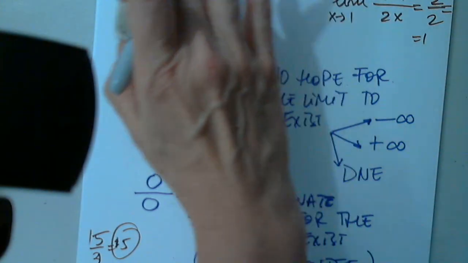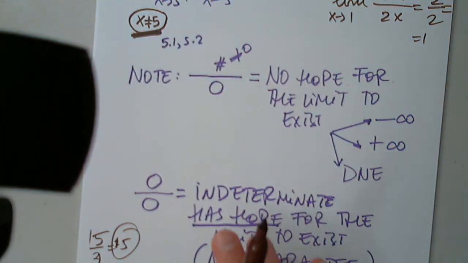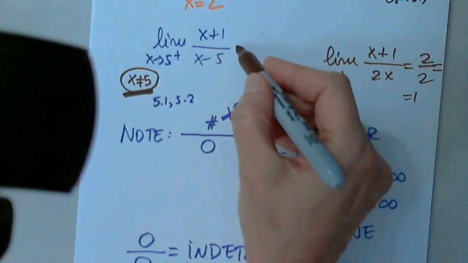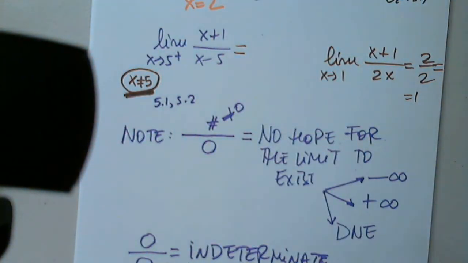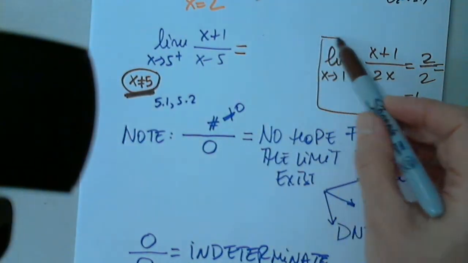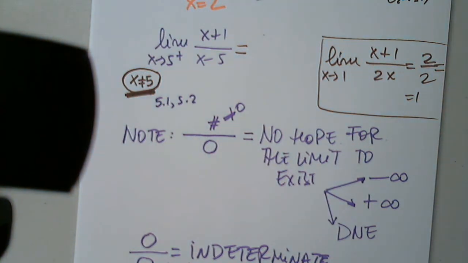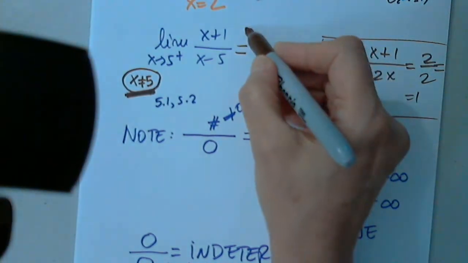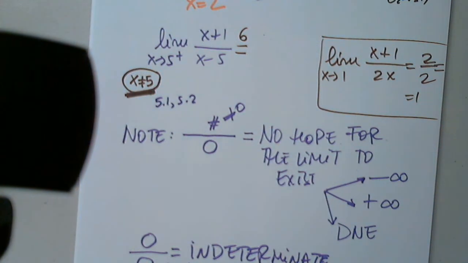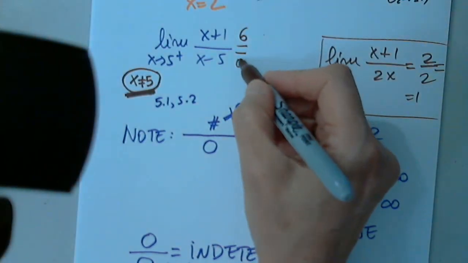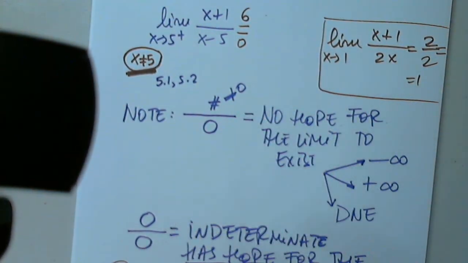Okay, let's plug it in. What do we get? What do we get for the numerator when we plug it in? Six. Good. What do we get for the denominator when we plug it in? Notice that I wrote it above the equal symbol. 0. Good. So which of these three cases am I facing then?